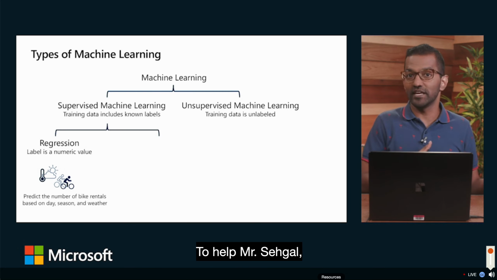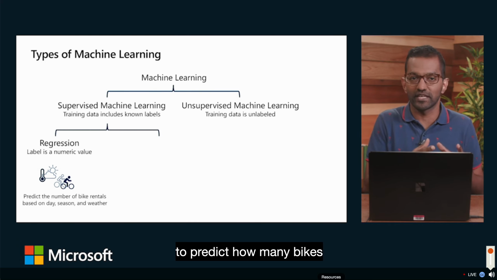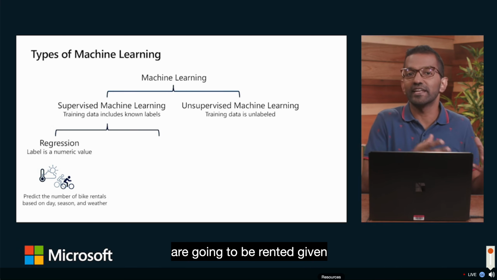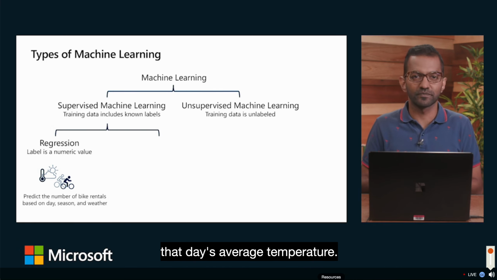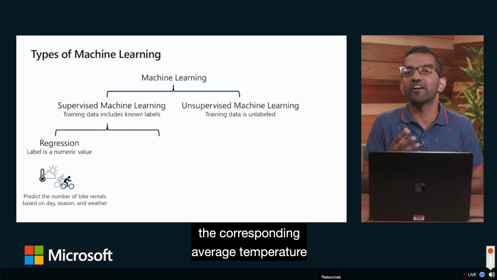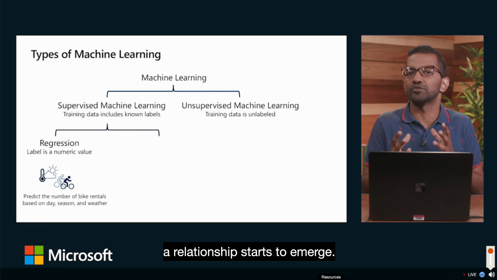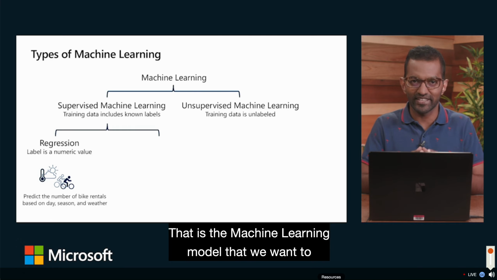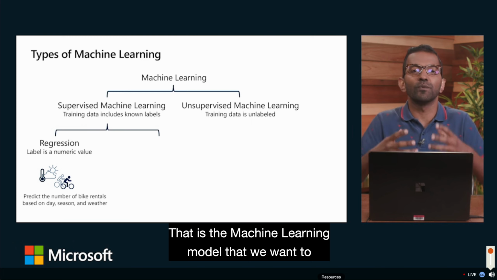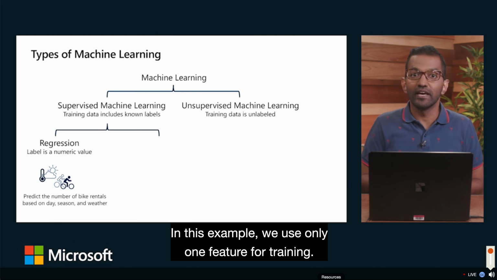So to help Mr. Seagal, I need to create a machine learning model to predict how many bikes are going to be rented given that day's average temperature. As we feed the data of past rentals and the corresponding average temperature to our machine learning model, a relationship starts to emerge. And that is the machine learning model that we want to provide to Mr. Seagal to plan his business strategy. In this example, we used only one feature for training.